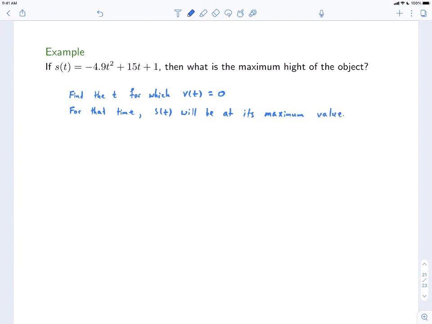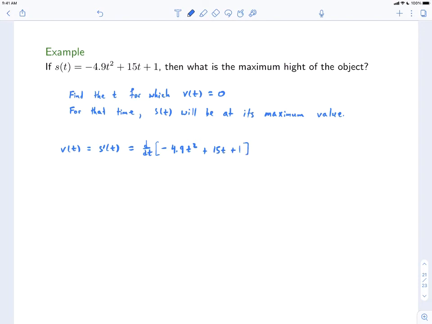Okay, so the thing that we need to do is we need to figure out what the formula is for the velocity. Well, the velocity is just the derivative of s, the derivative of the position function. So it's the derivative with respect to t of minus 4.9 t squared plus 15t plus 1.